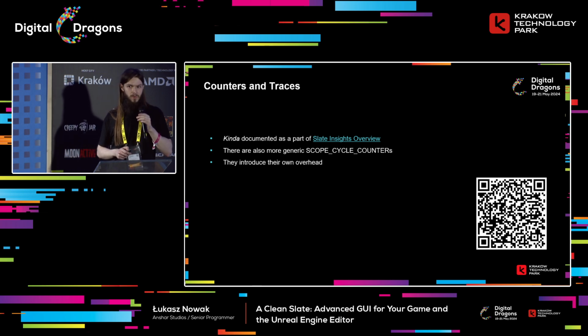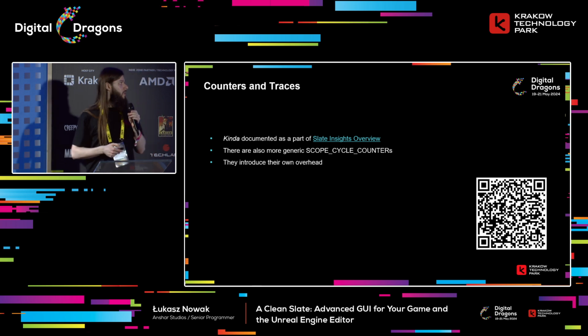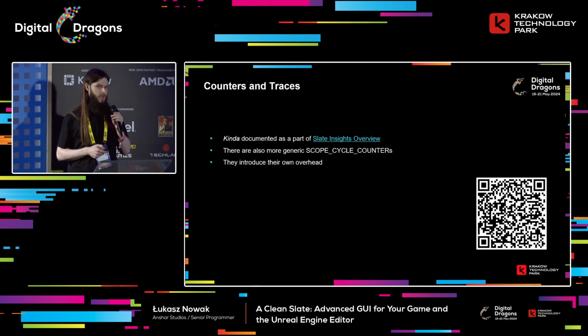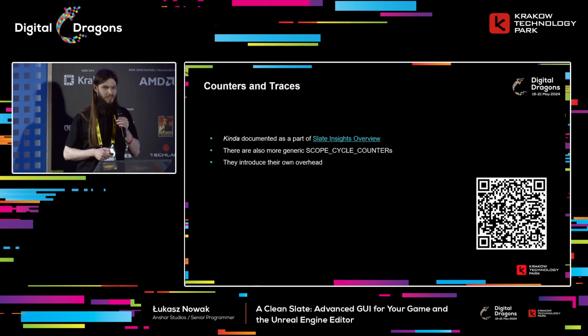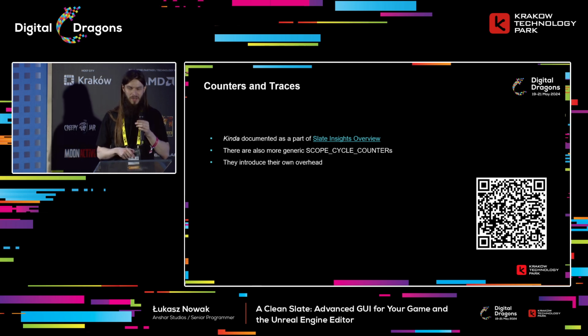There are also counters and traces. That can be really helpful if you're debugging, especially for performance, or if you don't know why something is happening when it shouldn't. Right now they are kind of documented as part of the Slate Insights overview. I mean kind of, because not really, but you can see in code how they are created and create your own.